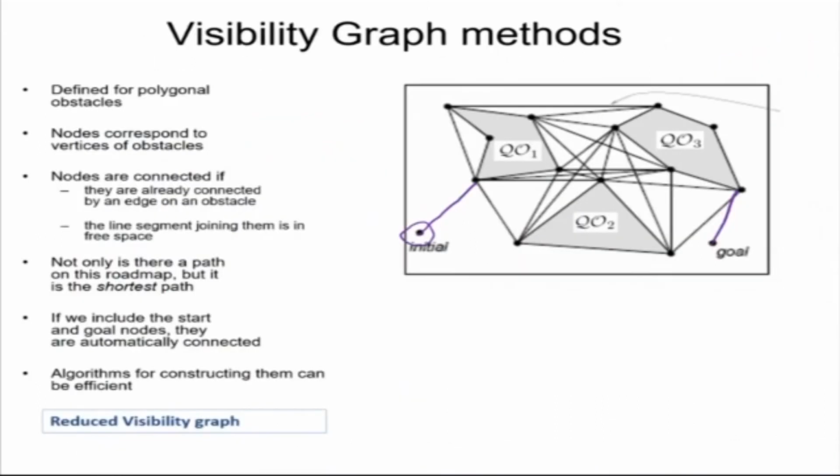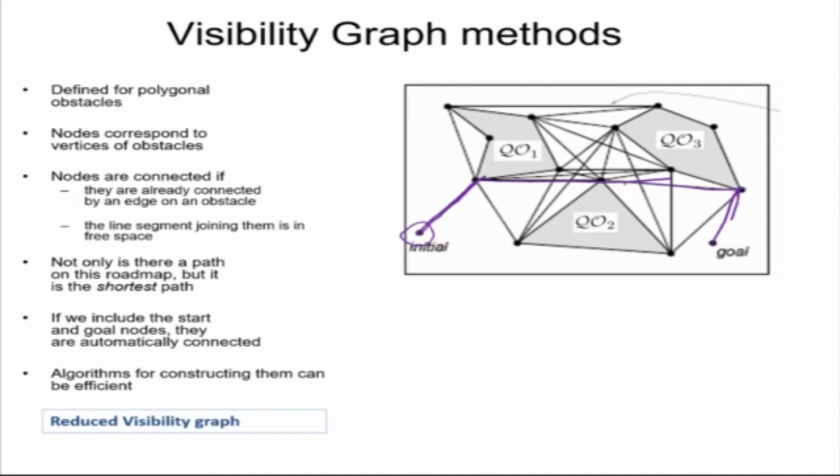Visibility graph is another method in which you can imagine that you are standing at the initial point and which vertices are visible to you. You connect them with straight lines, and then all vertices are connected to the other vertices by straight lines, and then it's a question of going from one point to another point by finding the path which is the shortest length. For example, this one probably would be the shortest length path.